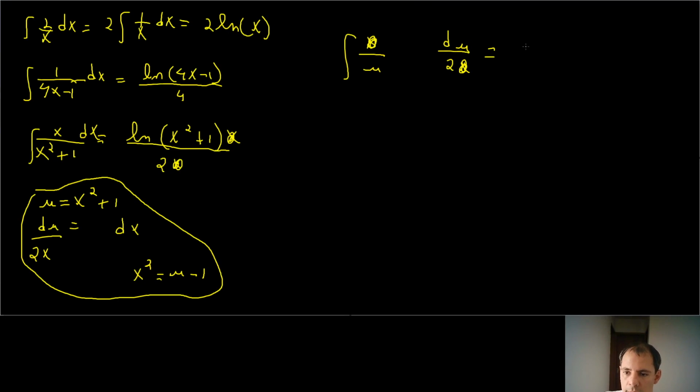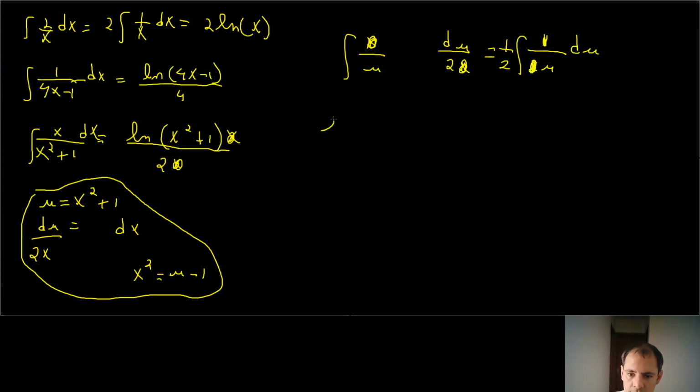So what do you have? You just have the integral of 1 divided by 2u du. Now this 2, this is just half, so we can take it out and put it out here, and now you just have the integral of 1 divided by u with respect to u.